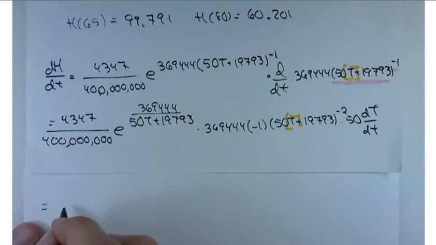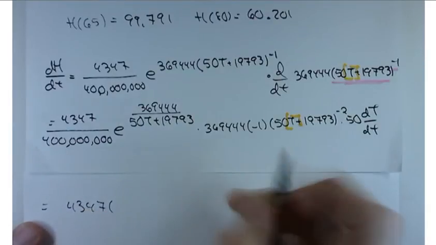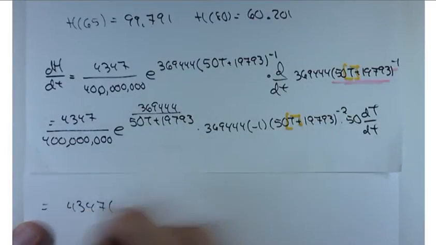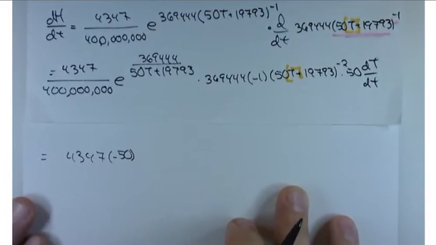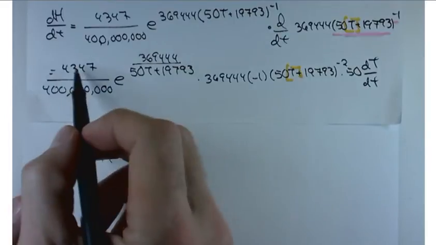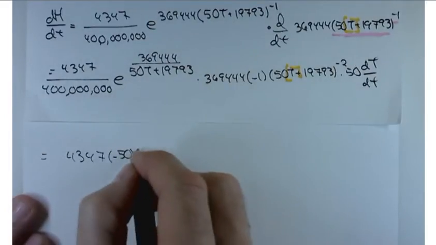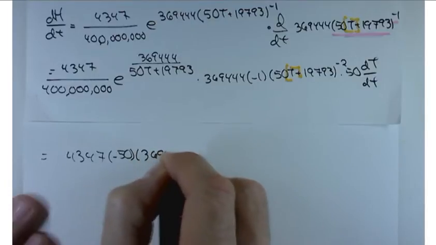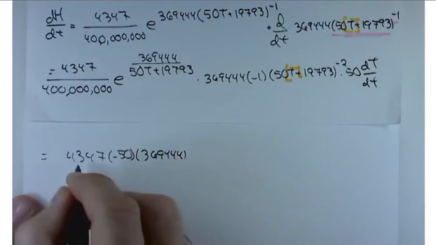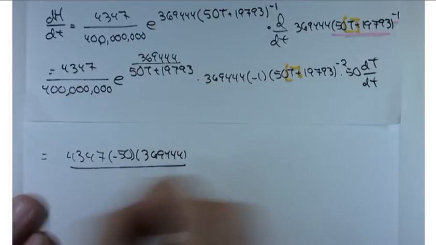So it's going to be 4,347 times minus 50. So this times this times this. So I still need the 369,444 divided by 400 million.